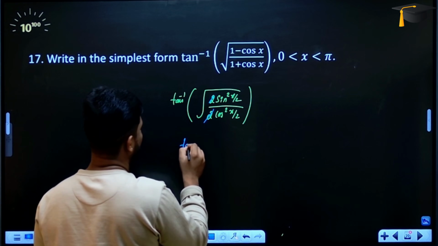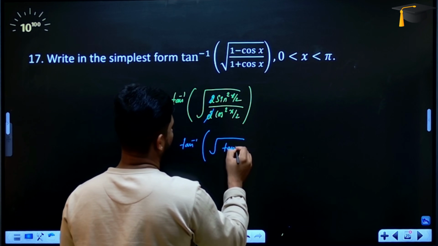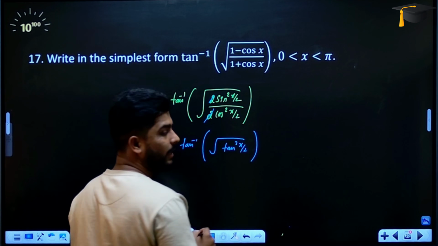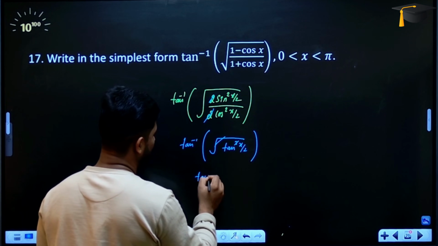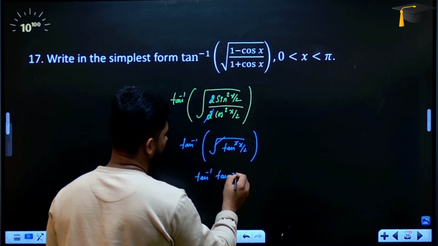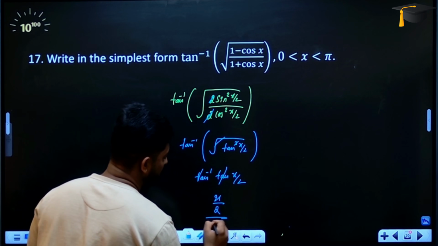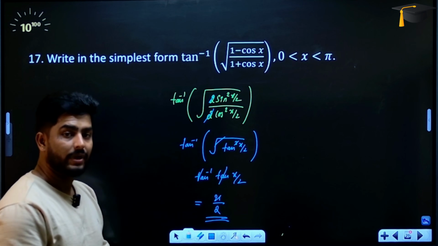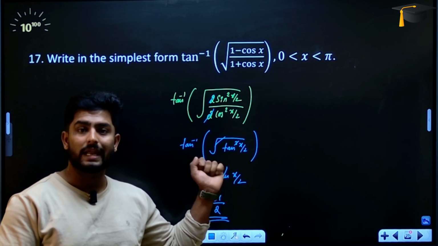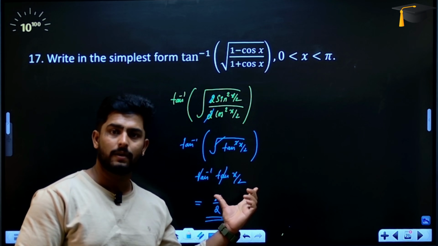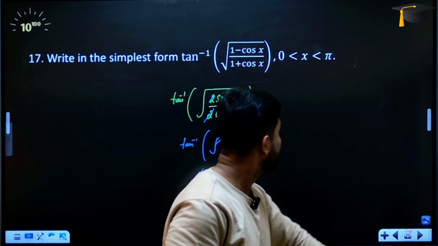So tan inverse of root, we get tan square x by 2. Next, square and the root get cancelled, so we end up getting tan inverse of tan x by 2, right? This and this get cancelled, so the final answer is only x by 2. We cannot do anything further, and we cannot substitute x as something, because we have not taken substitution form here, right? So x by 2 is the final answer. That's it. For this, it is 3 marker.